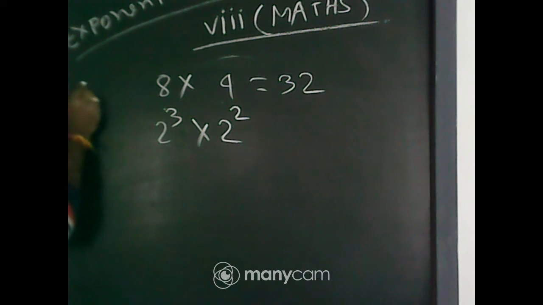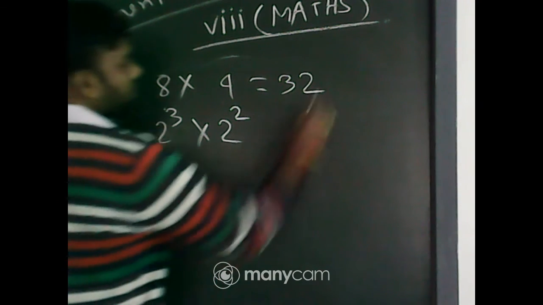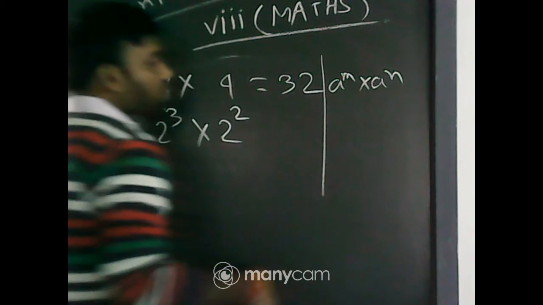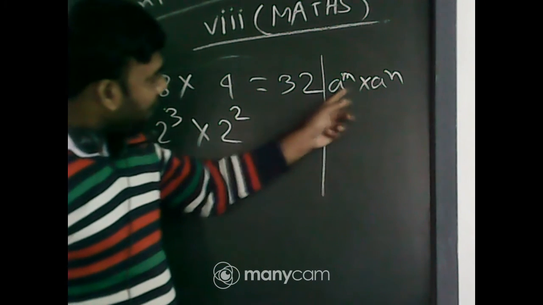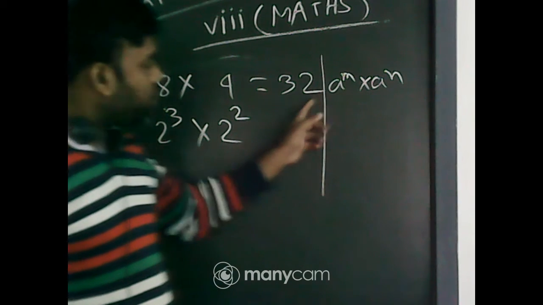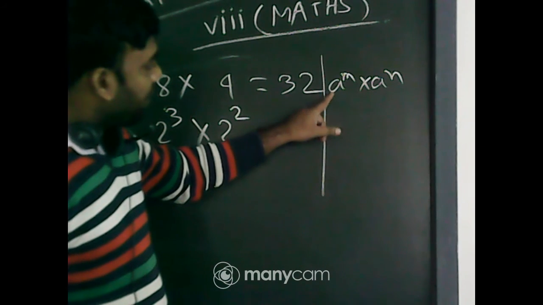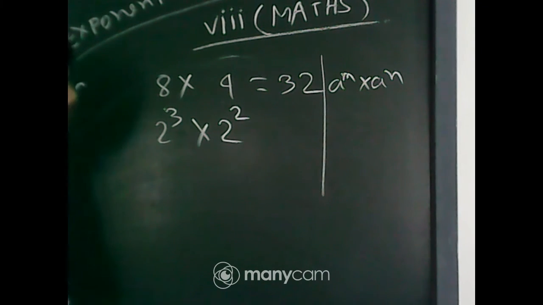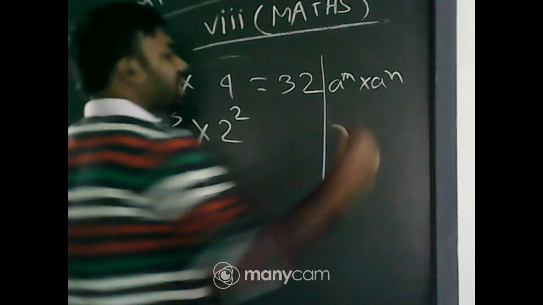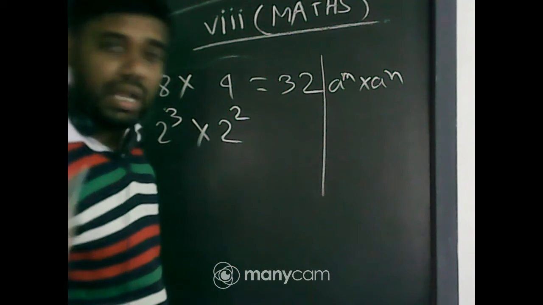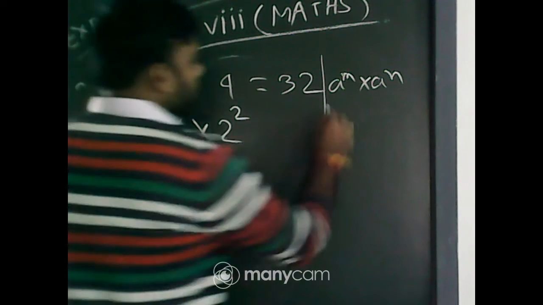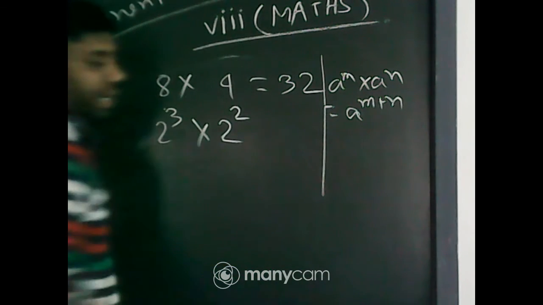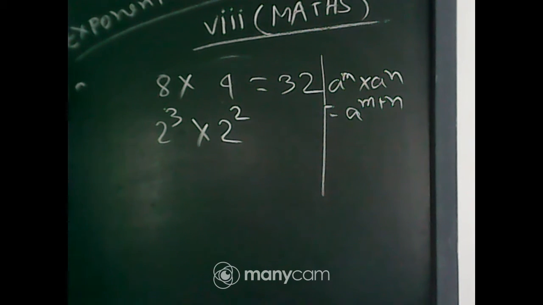I am writing here a to the power m into a to the power n. When bases are the same, in both a to the power m and a to the power n the base is a, and the powers may be different or the same, it does not matter. If bases are the same, then you can add the powers: a to the power m plus n.